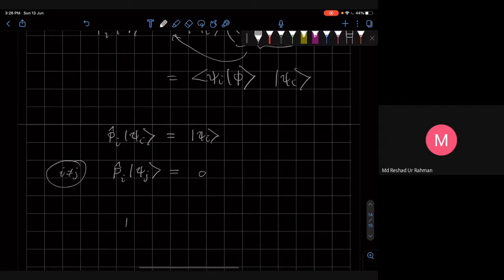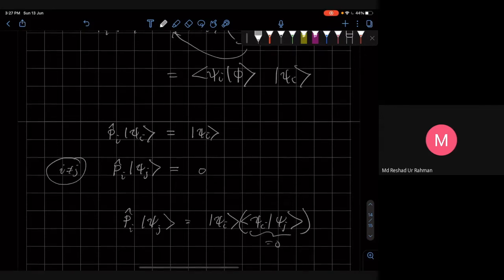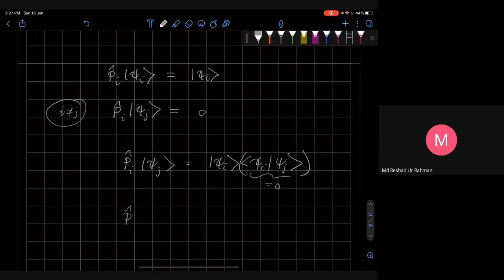Why? Let me just break it down. P_i psi_j is psi_i ket, psi_i bra, and then psi_j. But this is orthonormal, so this is 0. In other words, we say that P_i squared is equal to P_i, because once you project down, if you project again, you won't get anything different, right?